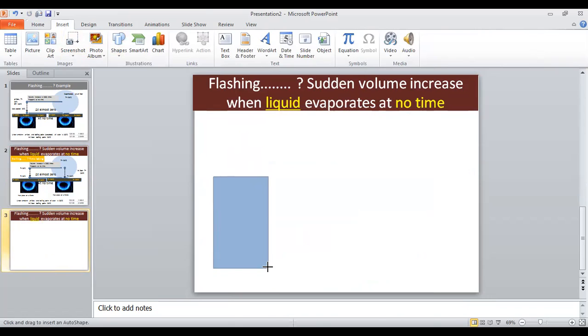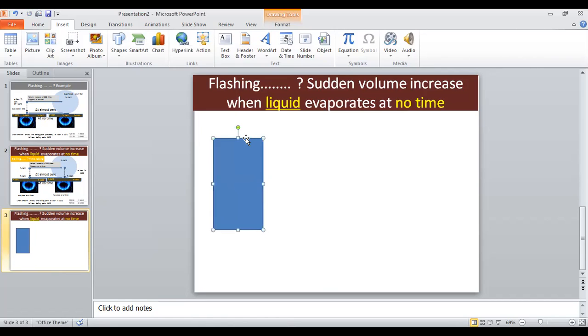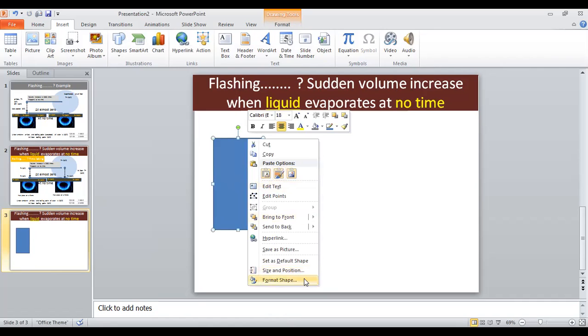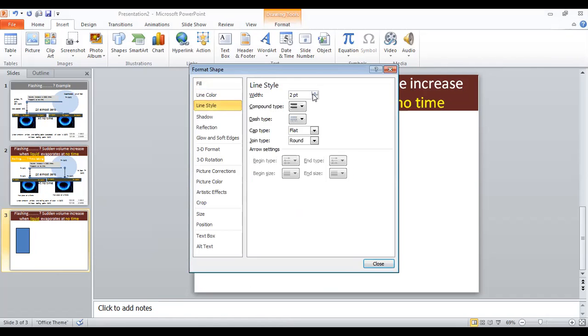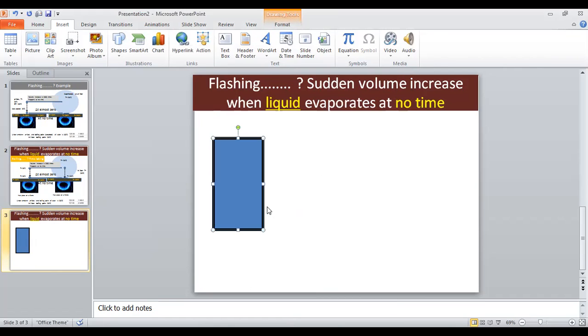Okay, I will take a cylinder. Do we need it thicker?